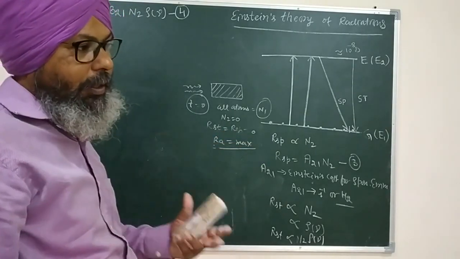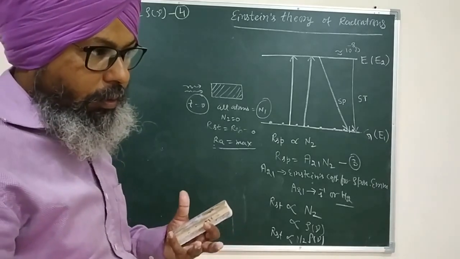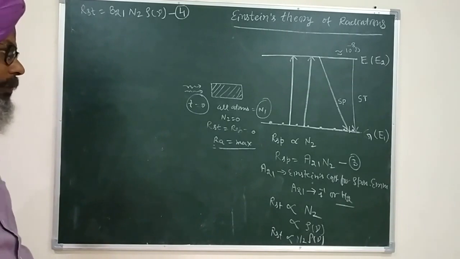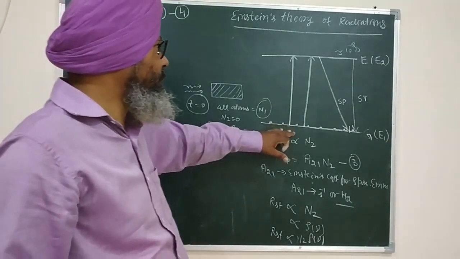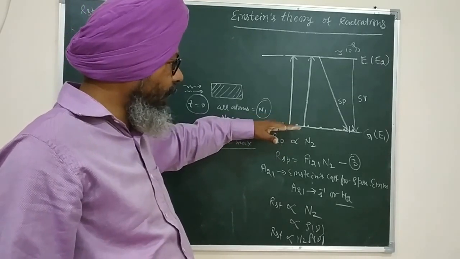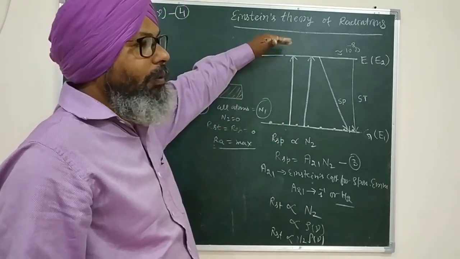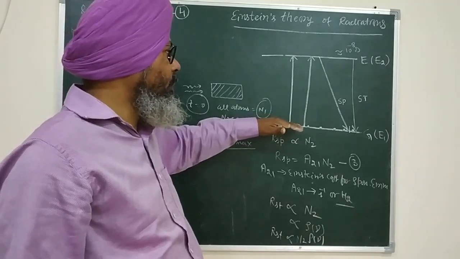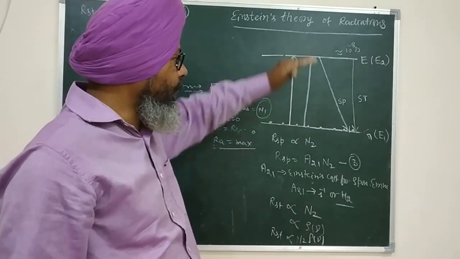So the material will preferably absorb light. When the material absorbs light, and you can appreciate this from this diagram, absorption means n1 will decrease and n2 will increase, because electrons are showing transitions from state E1 to E2.